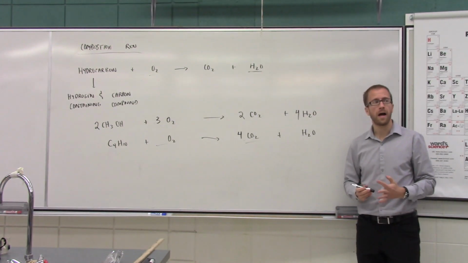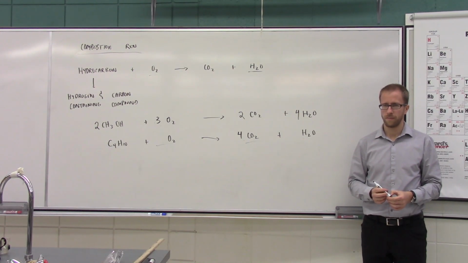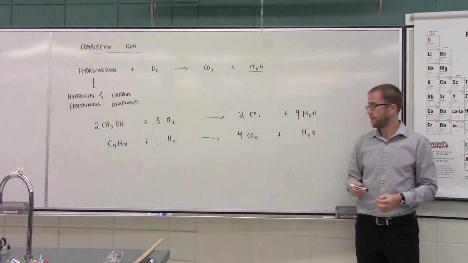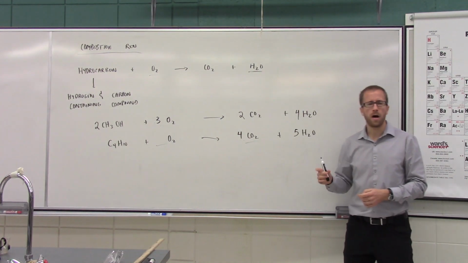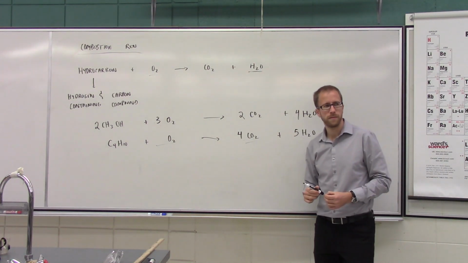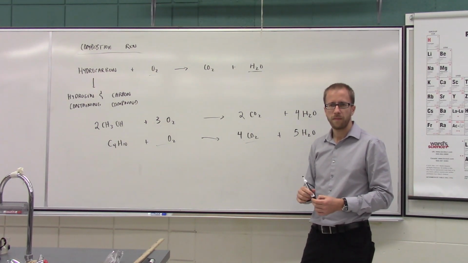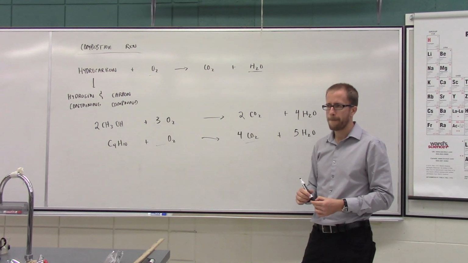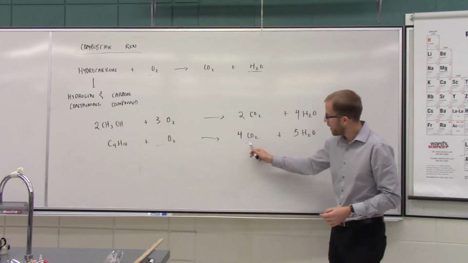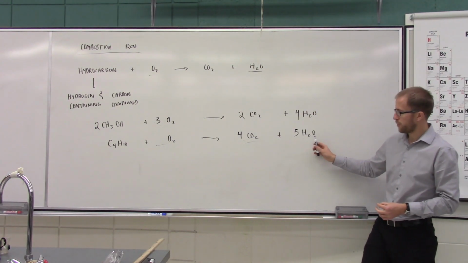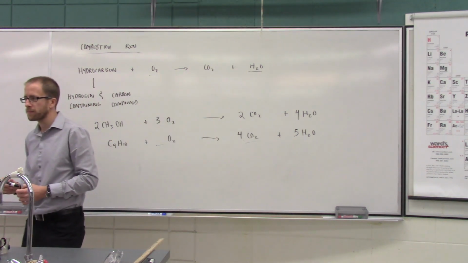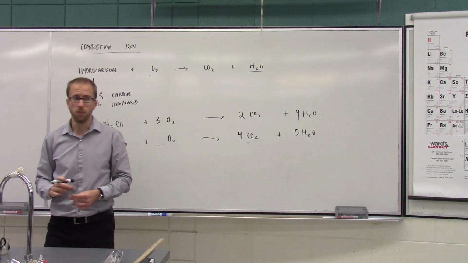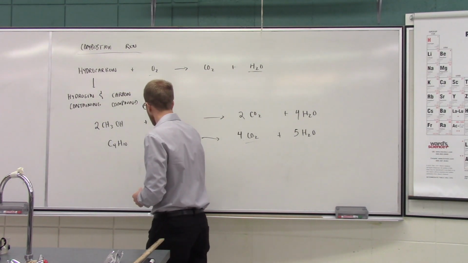How do I balance out my hydrogens next? Add a 5 to the H2O. Now, how many oxygens do I have on this side? 13. We have 8 plus 5 more is 13. How do I get 13 on this side? Ooh, well done. You go 6.5.